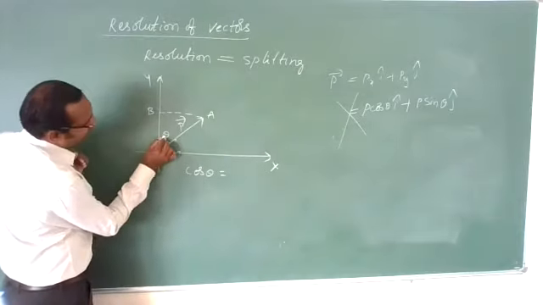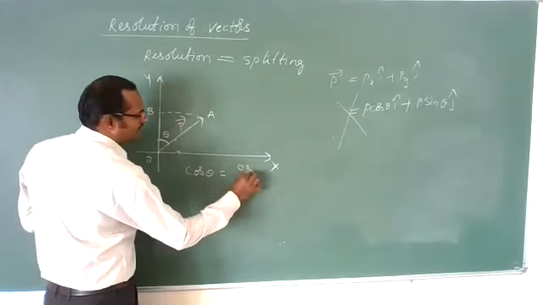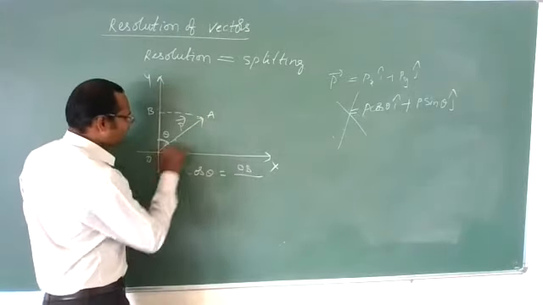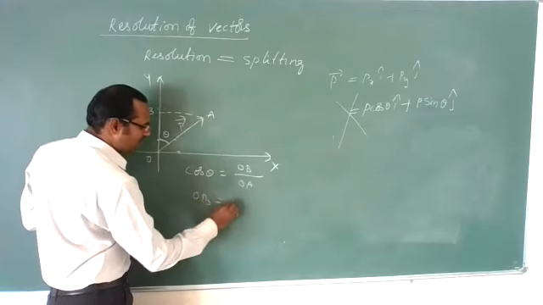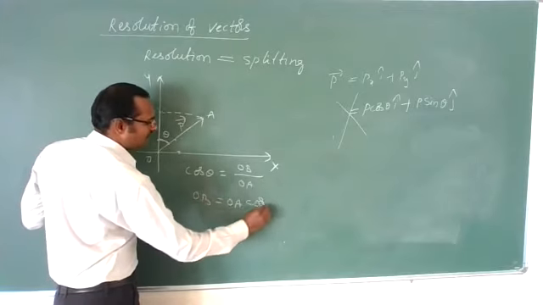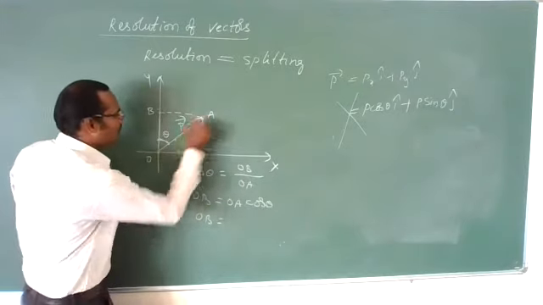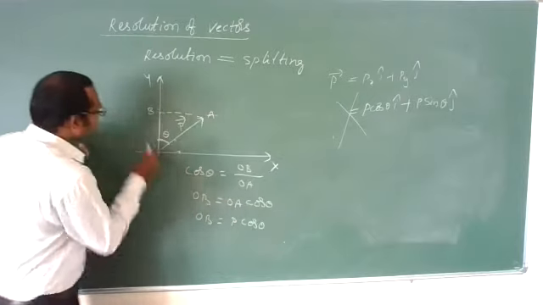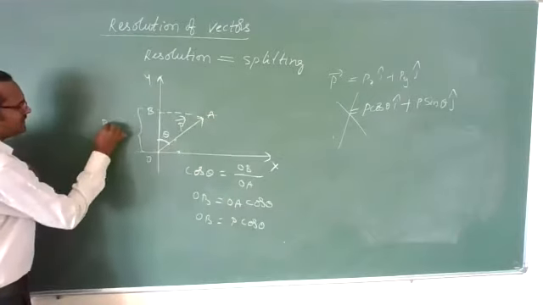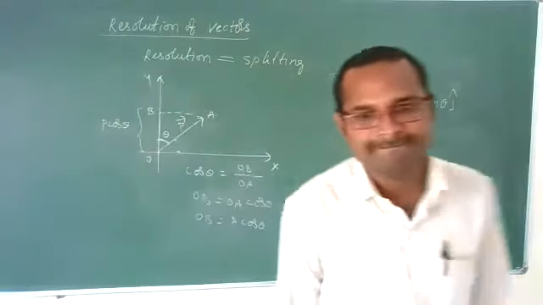For this theta, the adjacent side is OB, and the hypotenuse is OA. Then OB is nothing but OA cos theta. So your OB is nothing but OA, and O to A is P bar as well. So P cos theta. That means this value is P cos theta now. Did you get the point I am saying?